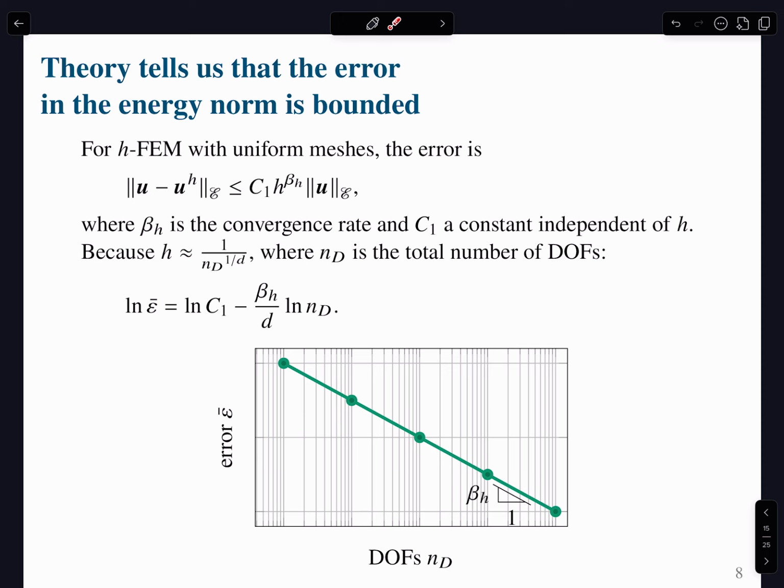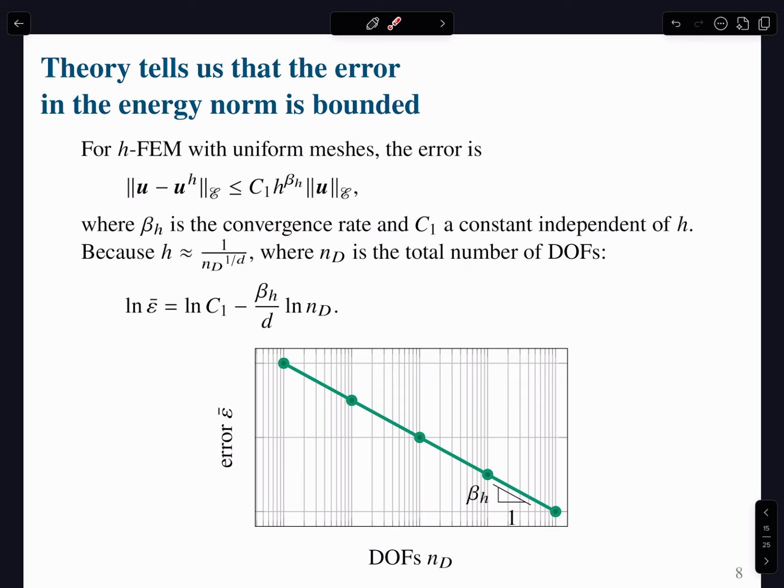So notice that we get basically something that looks very similar, right? Obviously now we have negative slope, because as I increase the number of degrees of freedom in that direction, obviously I'm going to decrease the error. But something interesting is that now the dimensionality shows up there.